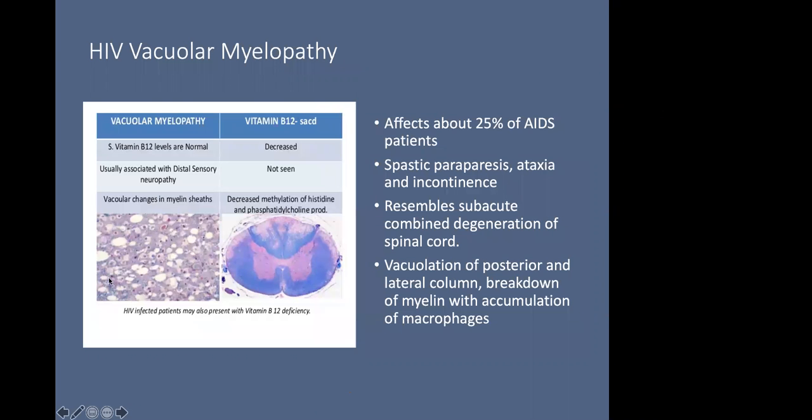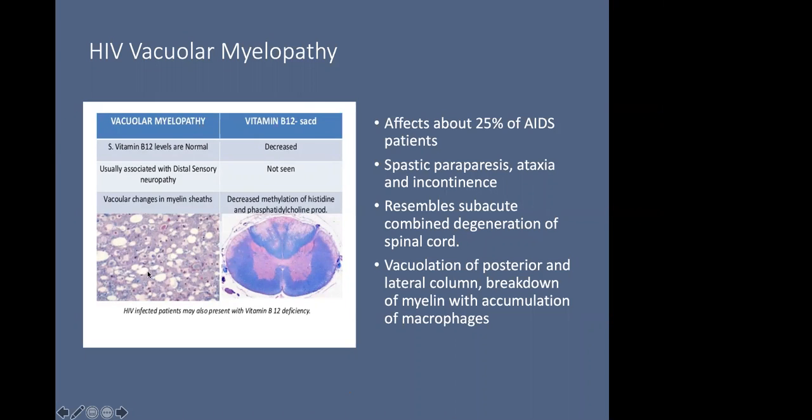The third condition produced by the HIV virus is called vacuolar myelopathy. Vacuolar because the areas involved are the white matter of the posterior column and the lateral column, something like the subacute combined degeneration caused by vitamin B12.